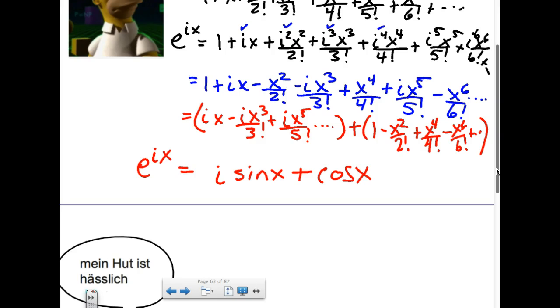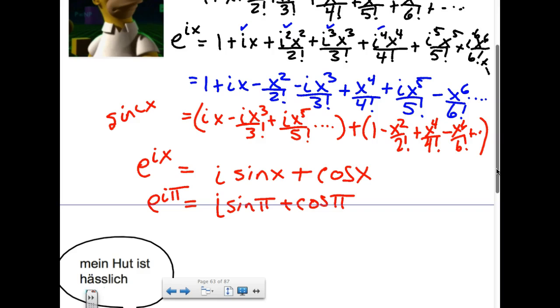I think it's called cis x. Anyway, I'm going to replace that with a pi. And I've got i sine pi, right, plus cosine pi.